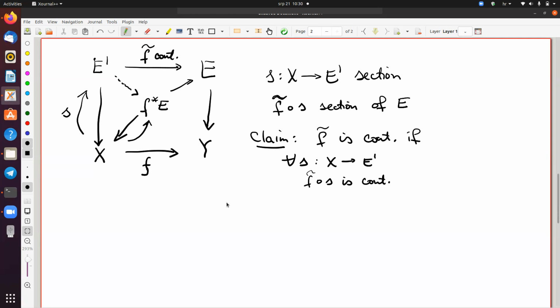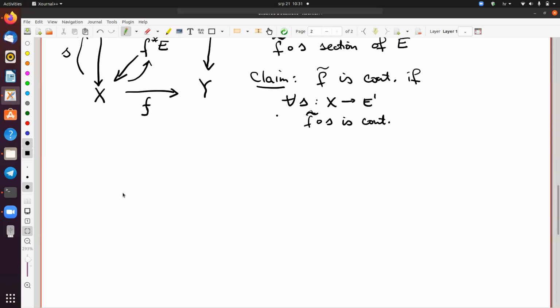Okay, so for continuous maps, yes, you can do this. And so really I check continuous maps from below, from X and Y. I look just in terms of sections, and sections really have to behave well.